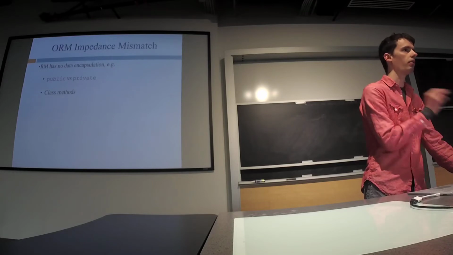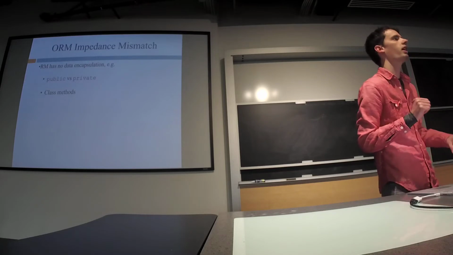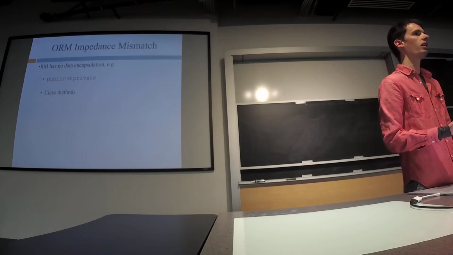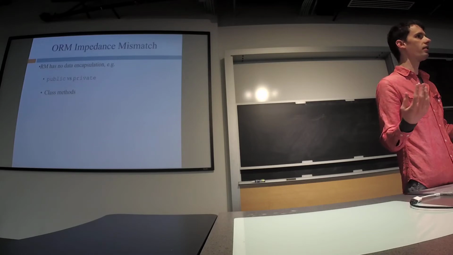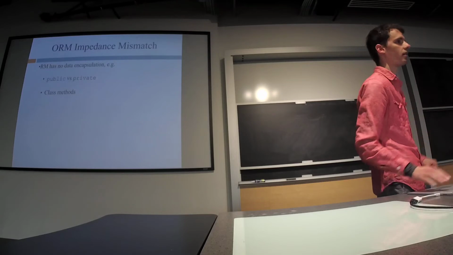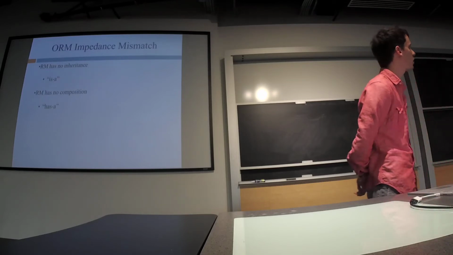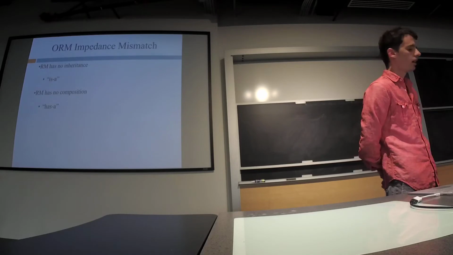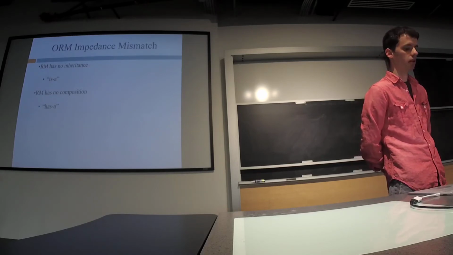Not really anything like that in the relational model. The relational model is defined in terms of relational algebra, which are kind of these global static functions, if you will. They're not objects. The relational model has no such thing as inheritance, not really anyway. So there's no is-a.